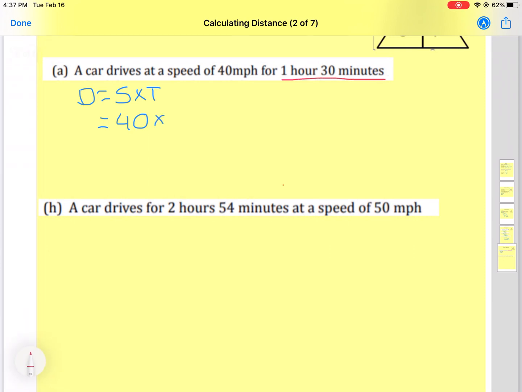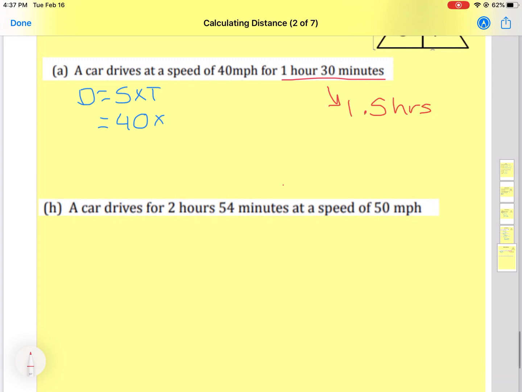My time is in hours and minutes. We are never going to do our calculations when we use these formulae with hours and minutes. We are always going to, if we are presented with hours and minutes, change it into decimal hours to perform the calculations with. So 1 hour and 30 minutes makes 1.5 hours.